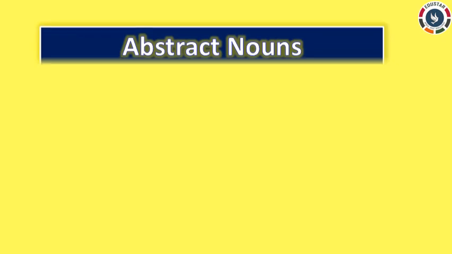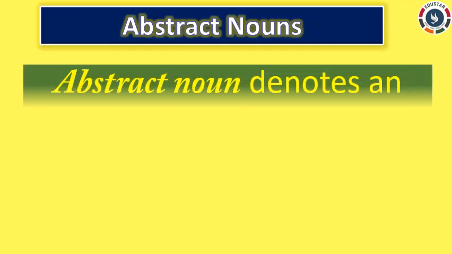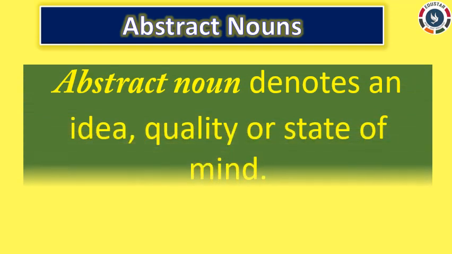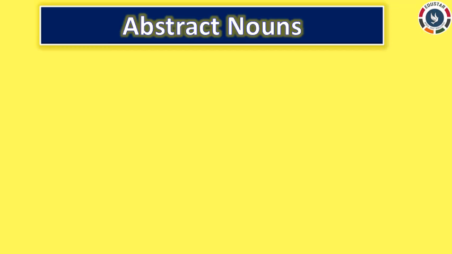What about abstract nouns? We know that an abstract noun denotes an idea, quality, or state of mind which cannot be counted. Can you count your happiness or pain? So, abstract noun is an uncountable noun.